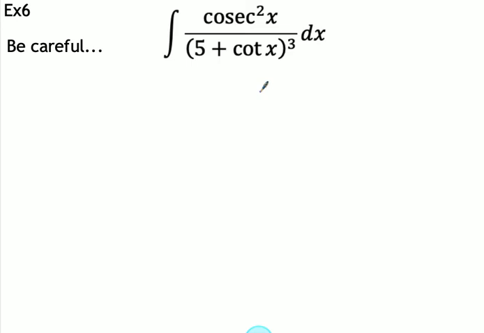Okay, so here we have one that is a little trickier. Which of the two forms is it? If you differentiate this, do you get this? Well, no, we don't. Which means if we're going to use the reverse chain rule on this, we need to rewrite it to begin with. So I'm going to rewrite this like this.